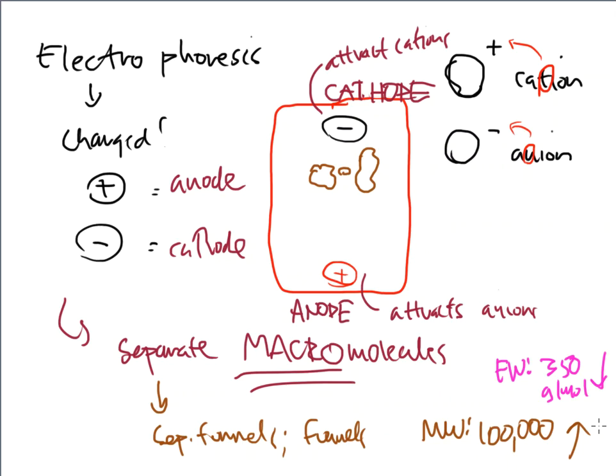So what types of things would these big blobby molecules be? What am I actually working with here? What is electrophoresis appropriate for? Well, number one, it's going to be RNA, ribonucleic acid. Everything's got RNA in it for the most part, right? It's a genetic coding system.